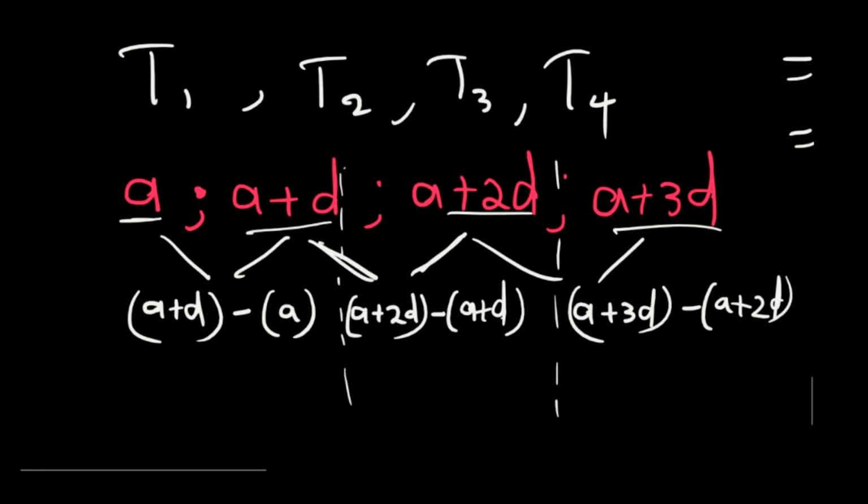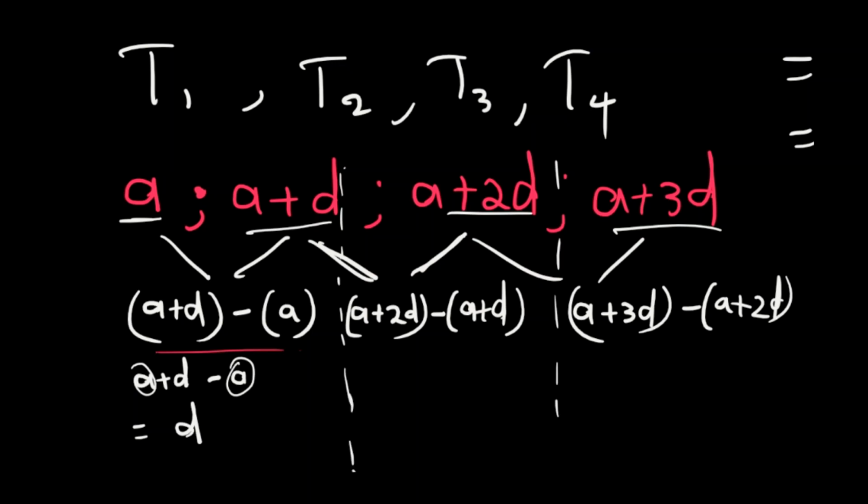So if you subtract these two here, what you will have is a plus d minus a, right? Let me write this a properly. So it's minus a. So meaning that this a will subtract this a, you'll remain with d, right? Okay, and then here you're going to have a plus 2d minus a minus d. And then this minus a here will subtract this a, you have 2d minus d, which will give you d, right?